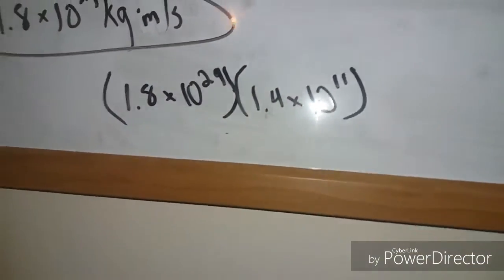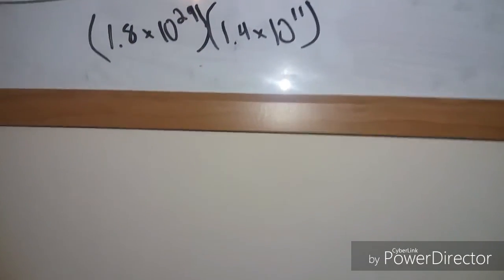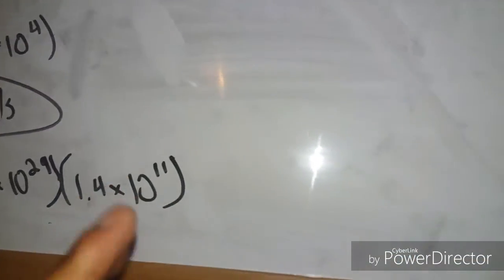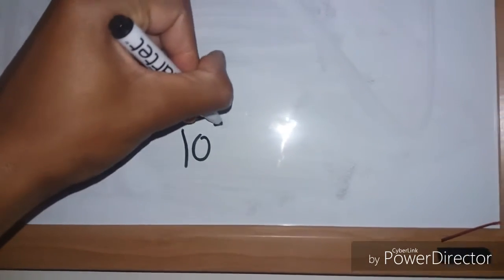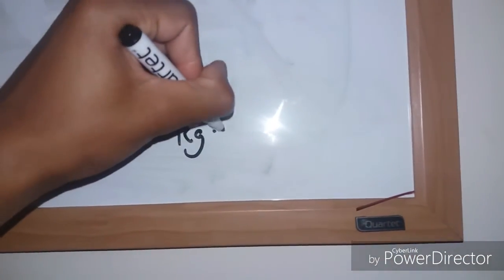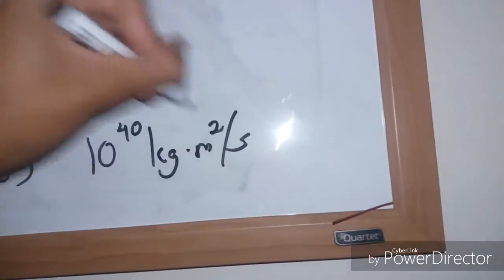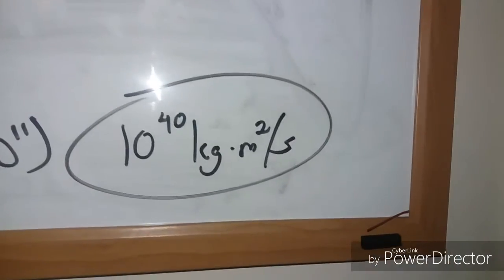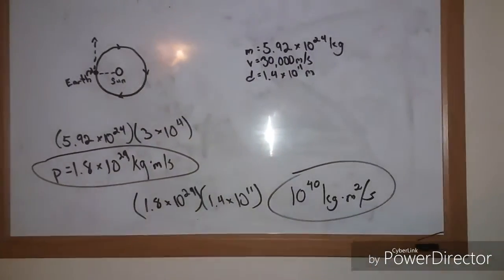And it's going to be pretty close to about, I'm just going to round again, close to 10 to the 40th, and that's the angular momentum of the Earth.